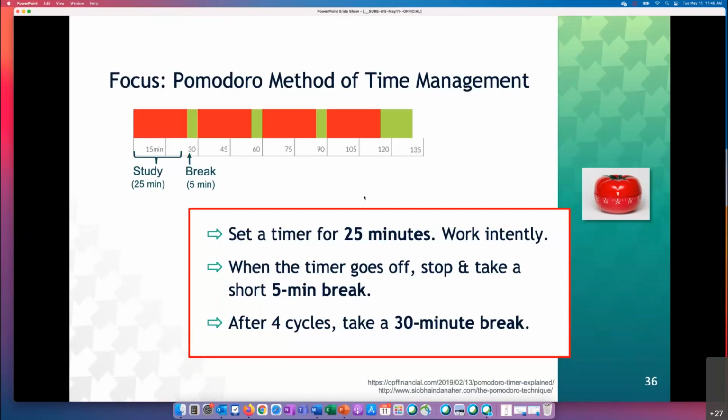You work intently for 25 minutes, take a break. So you follow these cycles. During the time you're working, that's the time where you really want to focus. You put your cell phone in another room, you turn it off, you let family and friends know, no, I can't visit, I'll get back to you within my five-minute period. So this is very productive.